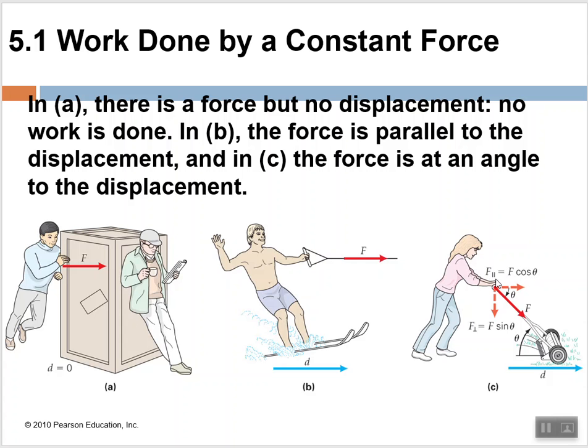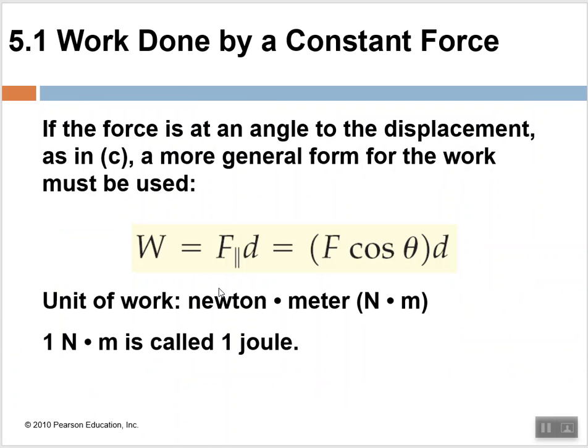The parallel force is equal to the force times the cosine of theta. And that's what we see here: the work is equal to the parallel force times the distance, or F cosine of theta times the distance.